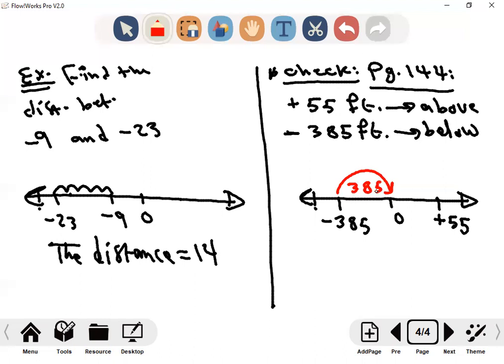And what is the distance between 0 and 55? 55. Now let's find the total distance between them. We add them, right? So 385 plus 55 is equal to 440.